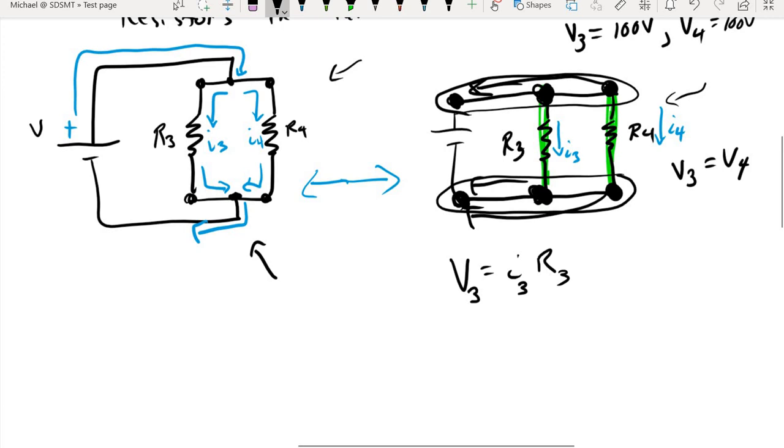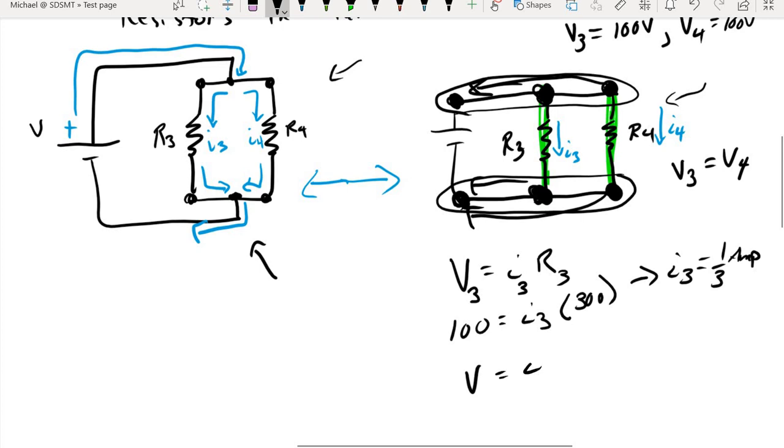But I already know what potential 3 is. It's 100 volts. I already know what resistor 3 is. It's 300 ohms. And so current 3 becomes 1/3 of an amp.